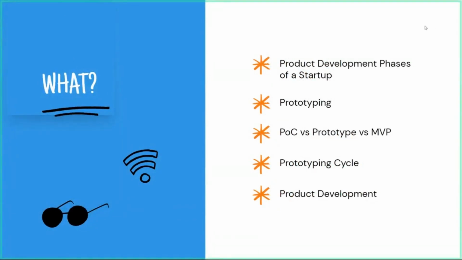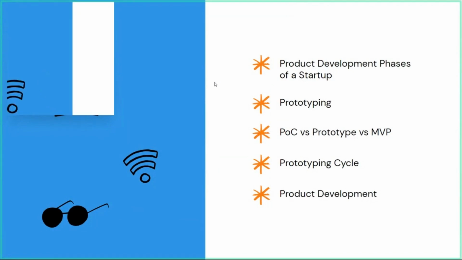We'll be covering these topics broadly. First, we will talk about how the product development process occurs generally in a startup, what are the phases that are involved, and where does prototyping fall into that timeline. And then we'll dig a little bit into what prototyping actually is. After this point, you might have a doubt thinking that POC would be fairly similar to what a prototype is, and prototype is again fairly similar to what an MVP is.